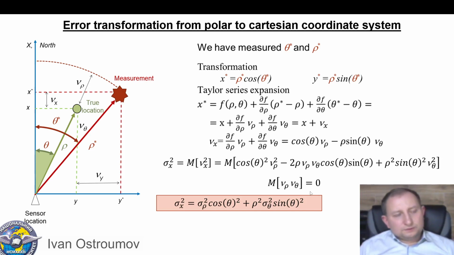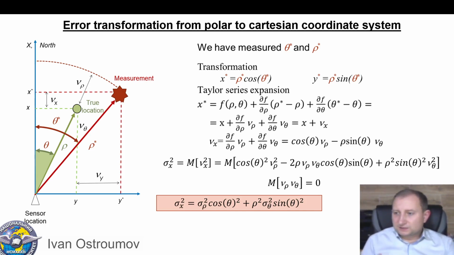Due to usage of absolutely different measuring sensors, which has different errors, which is not correlated. It means that eta rho and eta theta, these errors are absolutely different. Yes, and this is true because first one it is ranges and errors of ranges, and the second one it is errors of angles, which is different units of measuring.